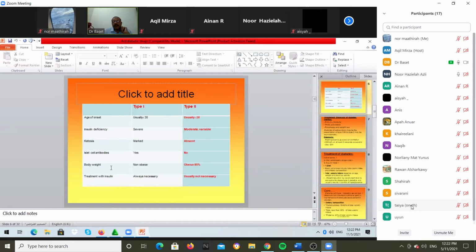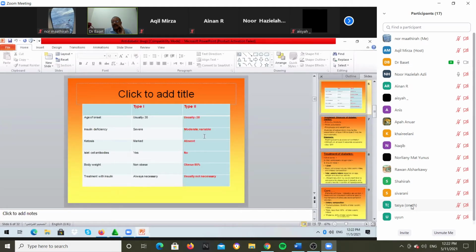Regarding body weight, type 1 is usually thin, not obese. In type 2, in many cases, about 85% are obese.